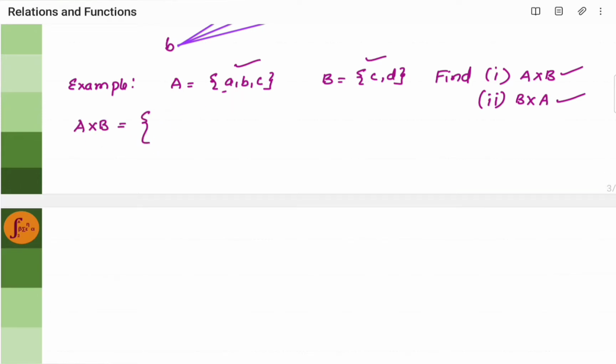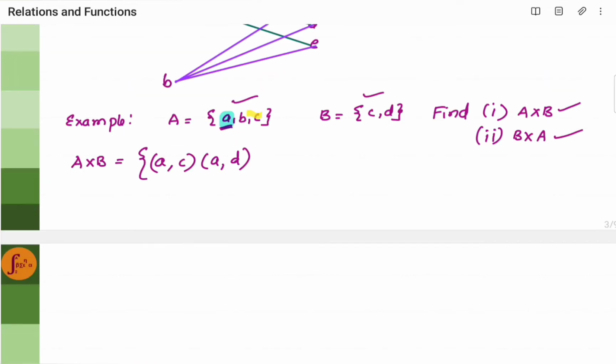You take the first element a with c, then a with d. Now we'll go with the second element b: (b, c) and (b, d). Now we'll go with the third element c: (c, c) and (c, d). So now we have finished taking all the elements of set A and we have paired each with all the elements of set B. So this is the Cartesian product.